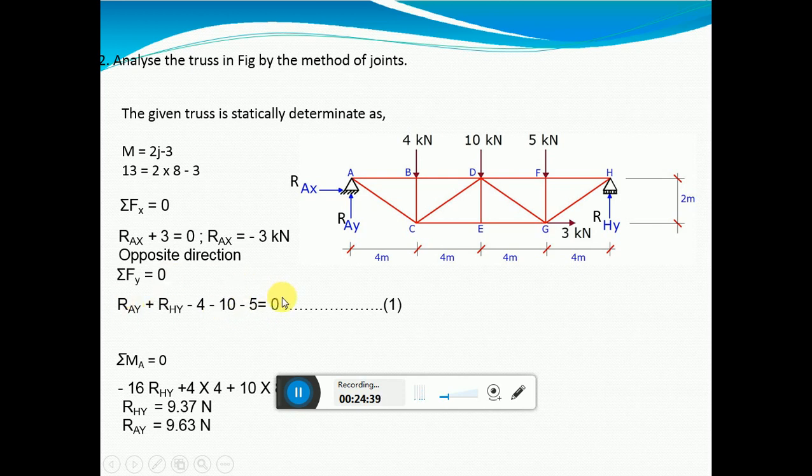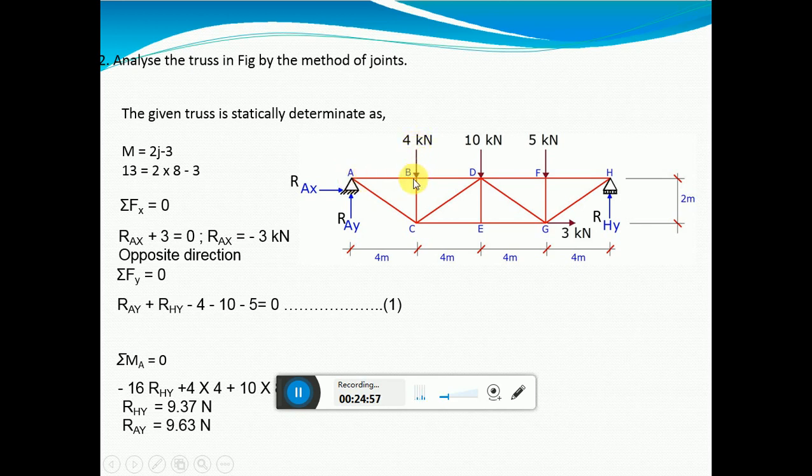By this we couldn't solve RAY and RHY. So we'll take the moment about the point A, the third condition of equilibrium. When I take the moment about point A, the two reactions passing through point A cannot produce a moment.